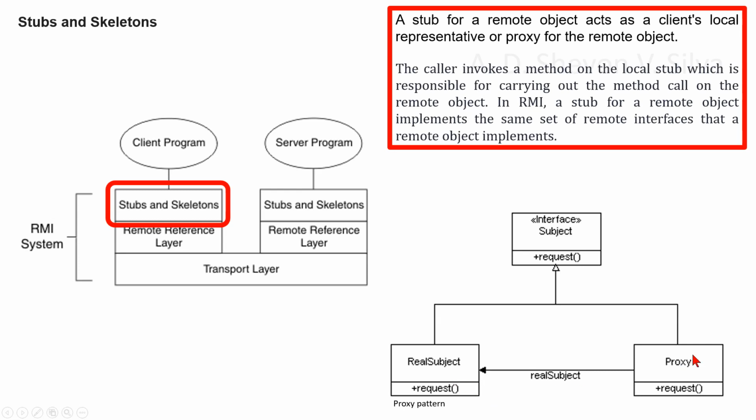A skeleton is a helper class that is generated by RMI. The skeleton understands how to communicate with the stub across the RMI link, and it carries on a conversation with the stub. It reads parameters for the method call from the link, makes a call to the remote service implementation object, accepts a return value, and then writes the return value back to the stub.